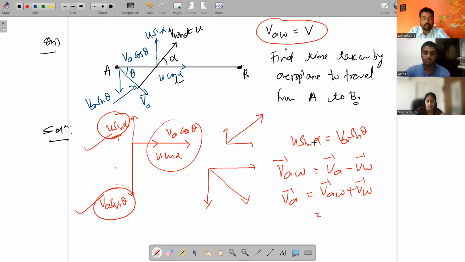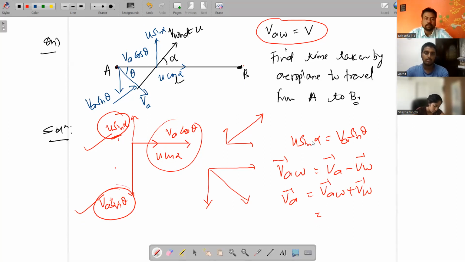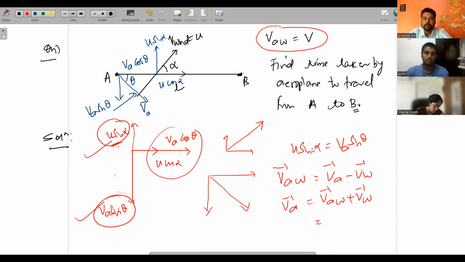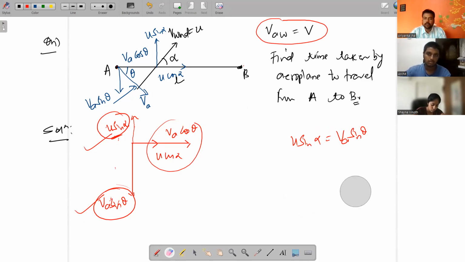So from here, the net resultant velocity along the horizontal direction will be VA cos theta plus U cos alpha.